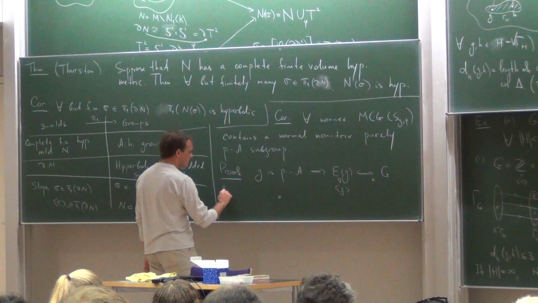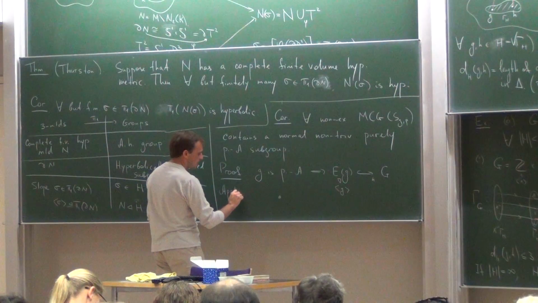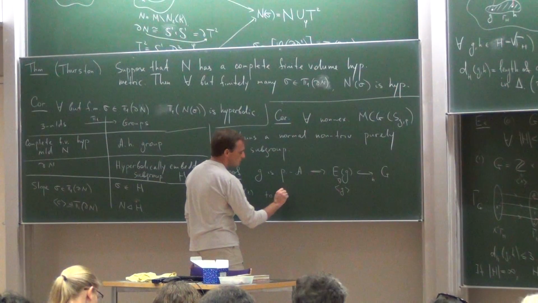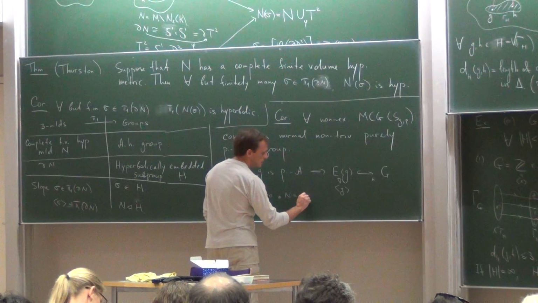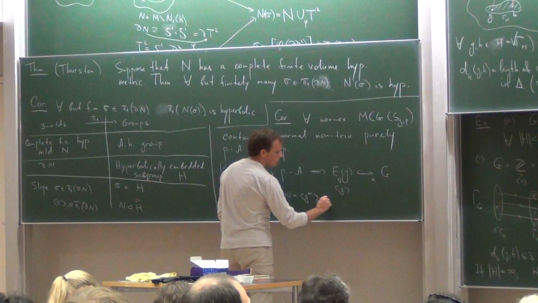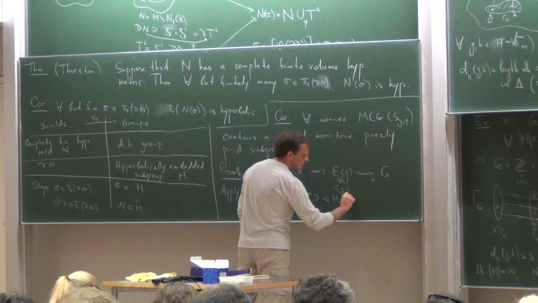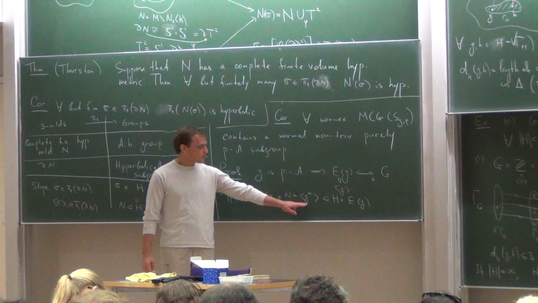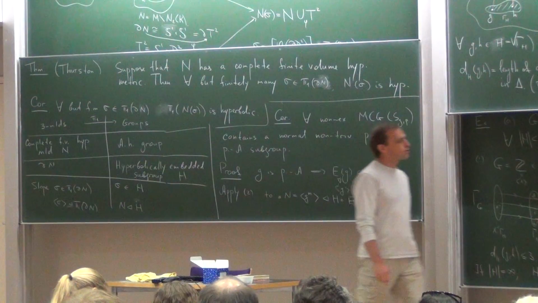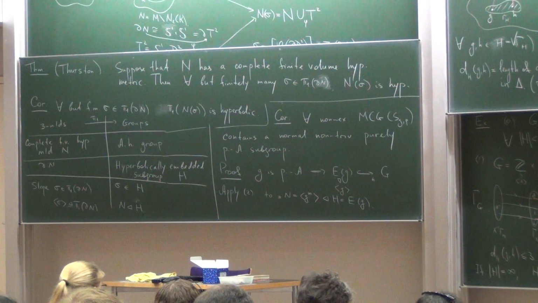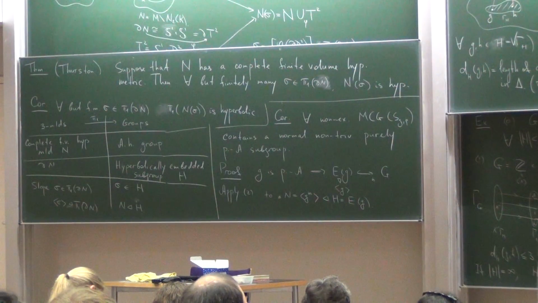And then apply part 2 of the previous theorem to N, which is equal to g to some power, which is still normal in my H, which is E(g). So we need to pass to a power to make sure that this condition is satisfied, that N doesn't meet any fixed finite set of values.